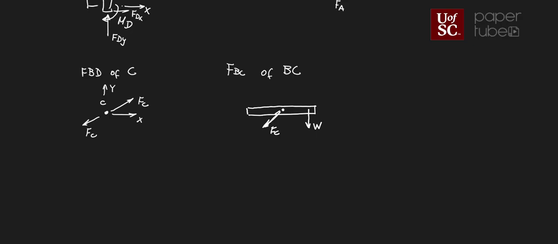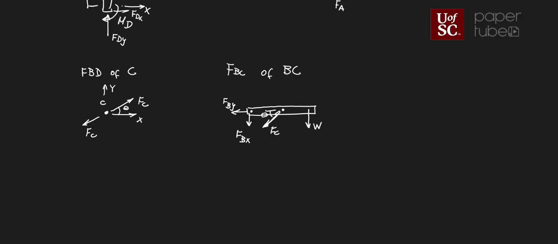And now since I know this angle is theta, the same angle as we had here at the top, this angle over here should also be theta, right? And then I also have my two forces, Fbx and Fby, right?